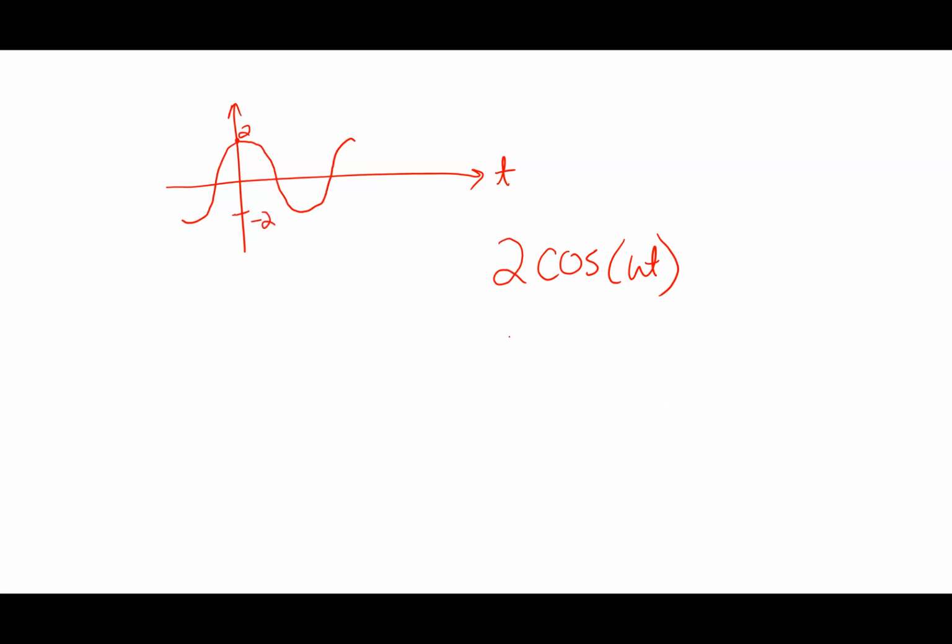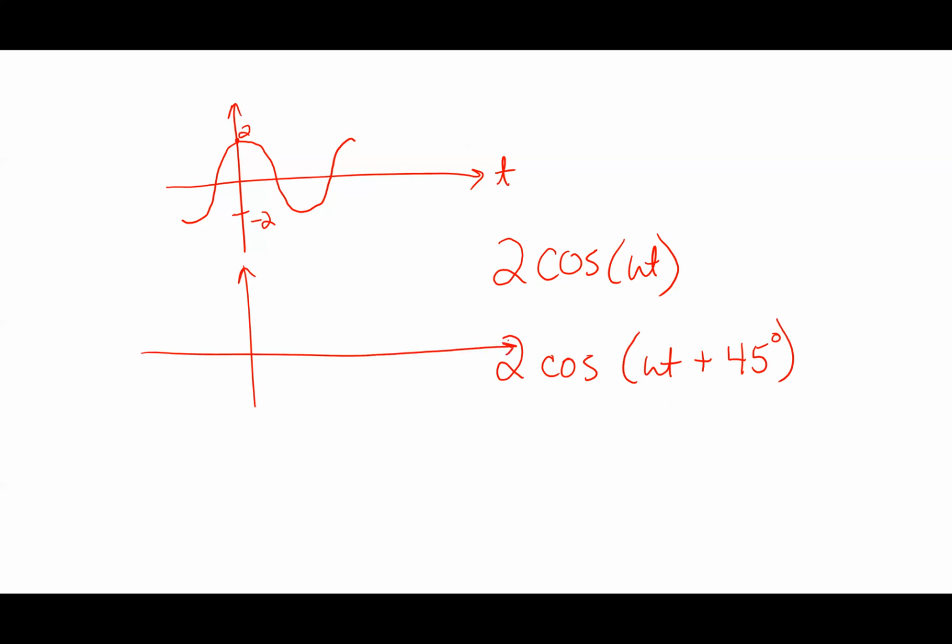Now let's say I wanted to draw 2 cosine omega t plus 45 degrees. What would that look like? You're going to shift your wave 45 degrees to the left.